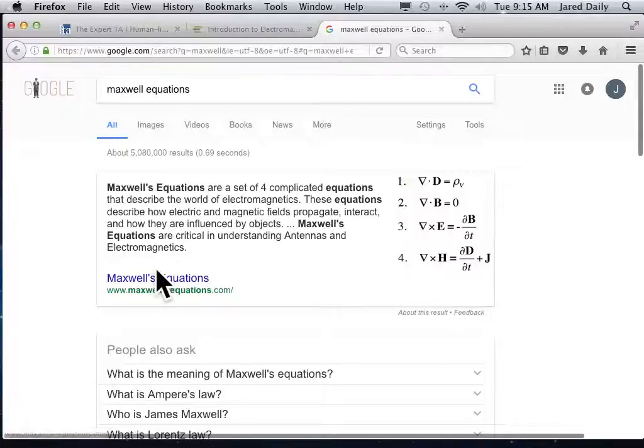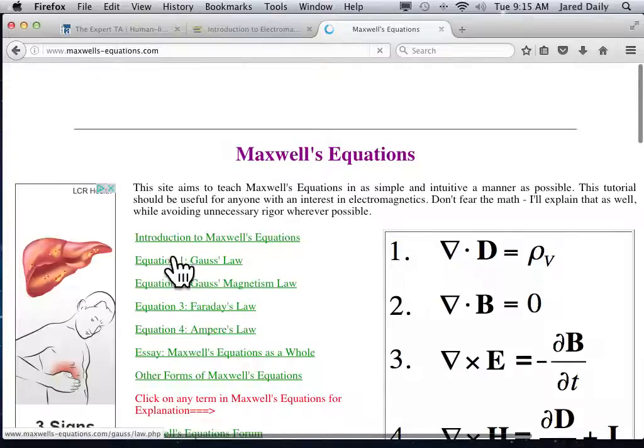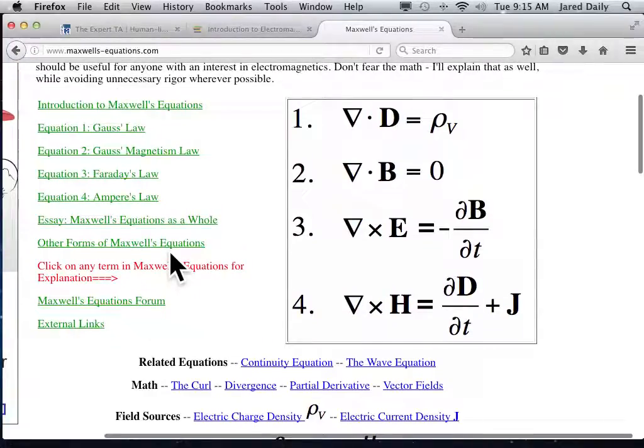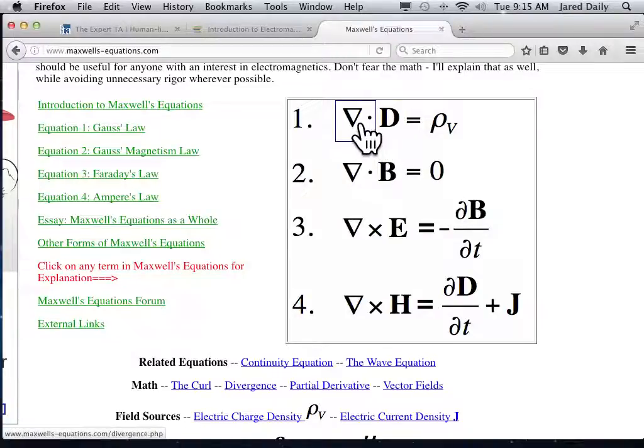These are Maxwell's equations, right there. This symbol is called the del symbol, and it signifies a full spatial triple derivative. So these are differential equations, and of course you have a derivative in time as well.